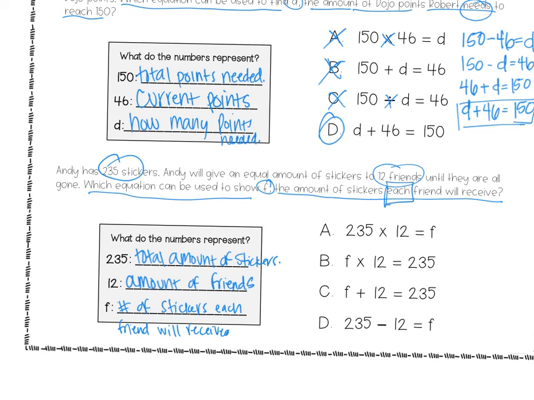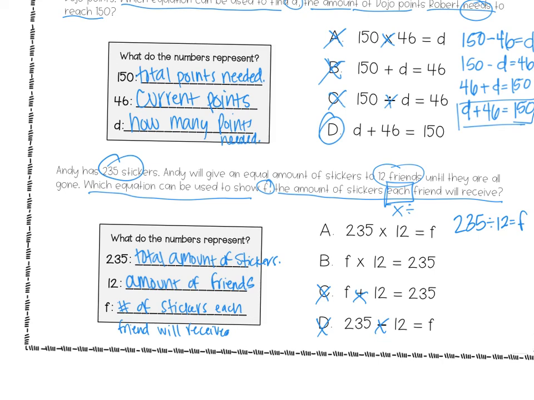So the word each tells us that we are going to be multiplying or dividing. So if you look at our answer choices, we know that we can already mark out C and D because those are not multiplication or division. And we can write a multiplication problem based on what we know. He has 235 stickers, and he's dividing them by 12 friends. And that's going to give us the amount of stickers each friend will receive.